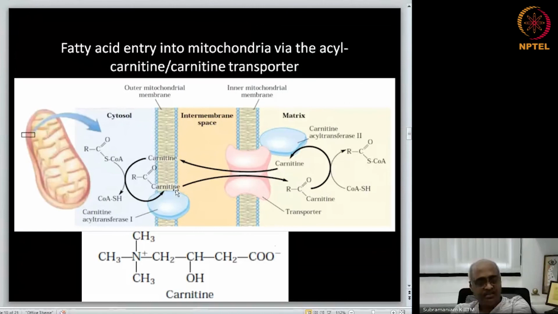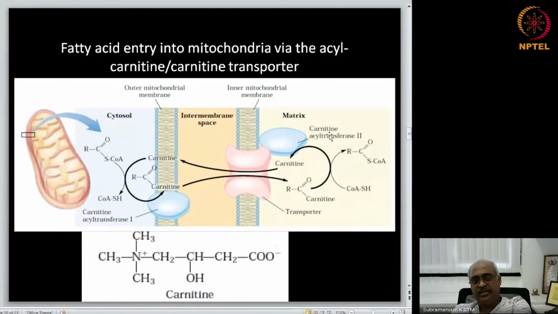This acyl carnitine crosses the intermembrane space and gets transported via this molecule, which is the carnitine acyl carnitine transporter. In one direction, it is acyl carnitine that goes in. Then you have the inner part of the inner membrane, meaning the matrix side.